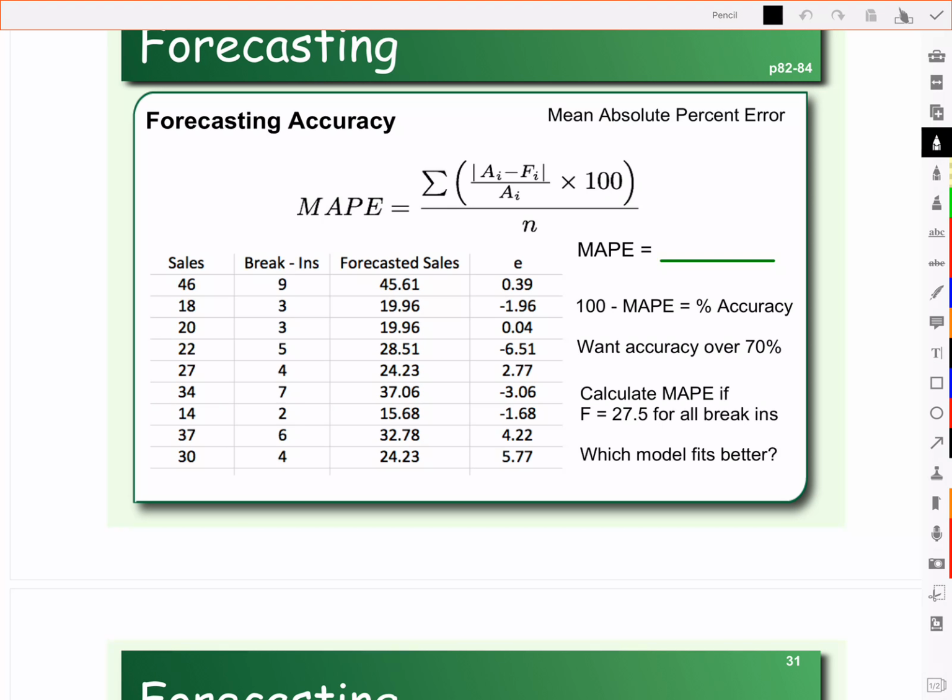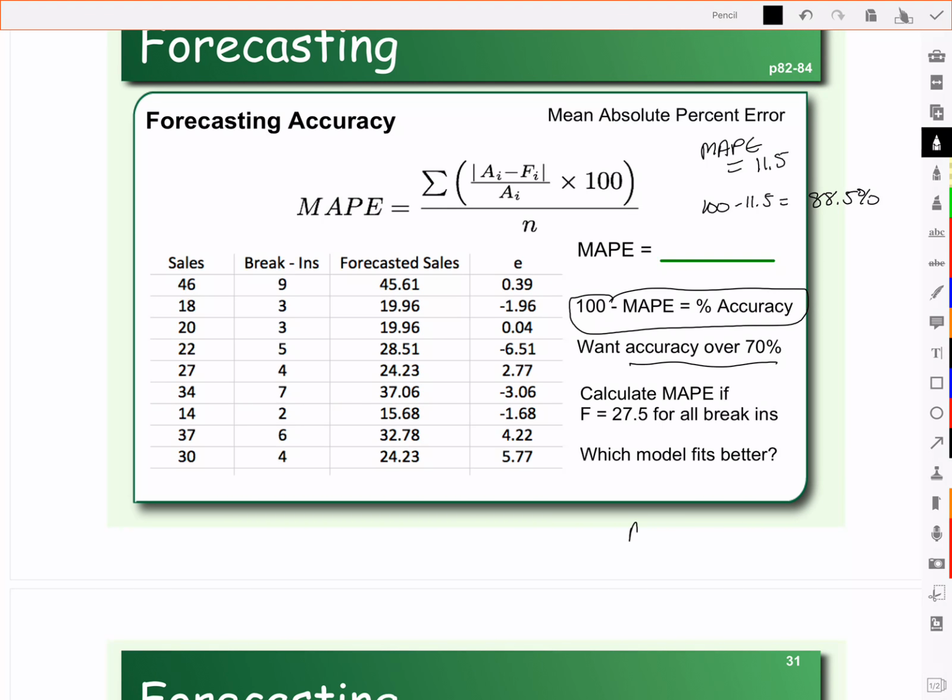So when you find the MAPE, if you take 100 minus the MAPE, it's telling you the percent accuracy. And you're looking for an accuracy over 70%. So for example, if you find that the MAPE is 11.5, then you can take 100 minus 11.5, and you get the fact that that model is 88.5% accurate.